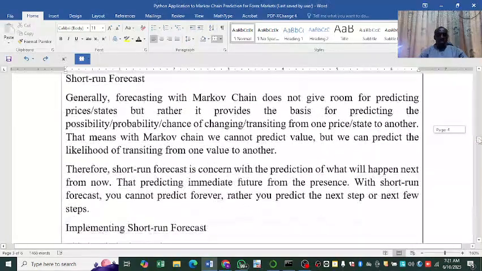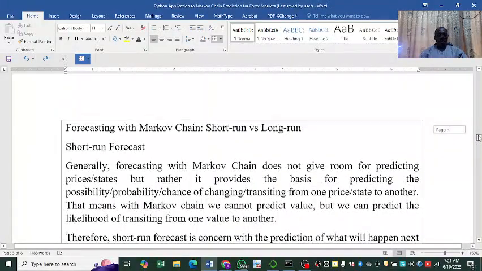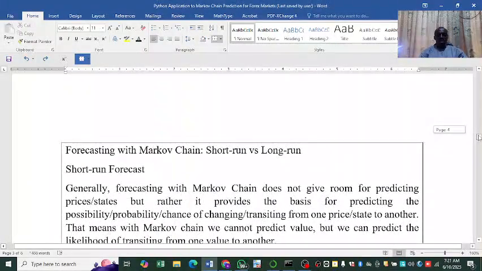Then the next one we are going to look at is forecasting with Markov chain. When we want to forecast using Markov chain, it can either be short-run forecast or long-run forecast.